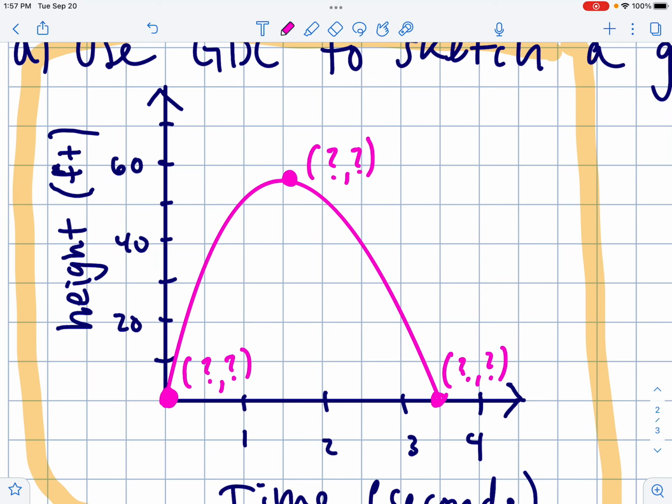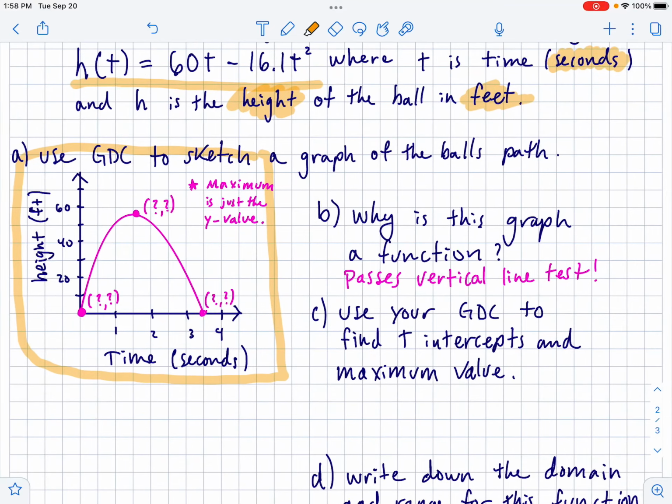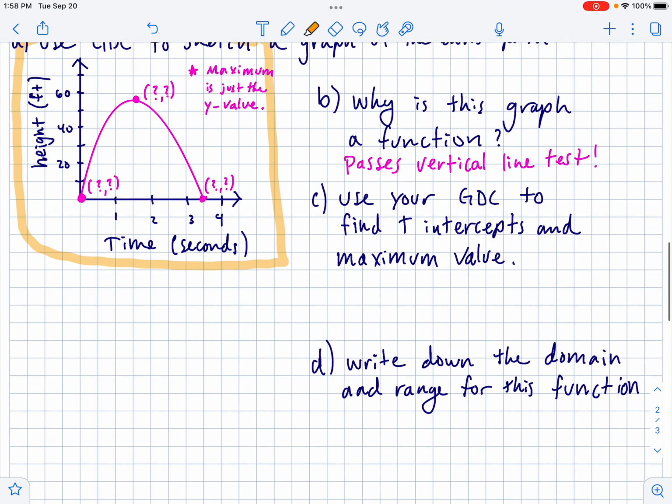Now the maximum or minimum value is just the y value. So it's basically asking how high off the ground the ball gets. And so with that, that's your y value. And that's the only thing you report out, that it got, 55 feet off the ground or something like that.